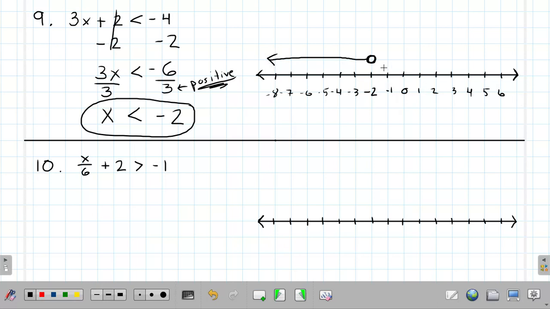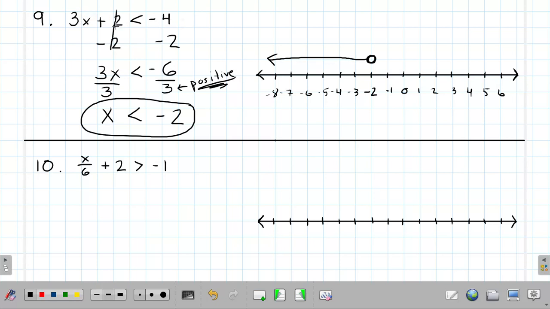That means we're talking about numbers like negative 3, negative 6, negative 8, negative 10, negative 87, negative 1,000,000. What that's telling you when you look at this graph is that any number that I pick that falls under this arrow, if I plug it back in, it will work in this inequality.